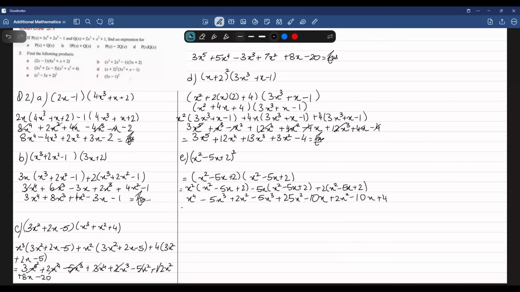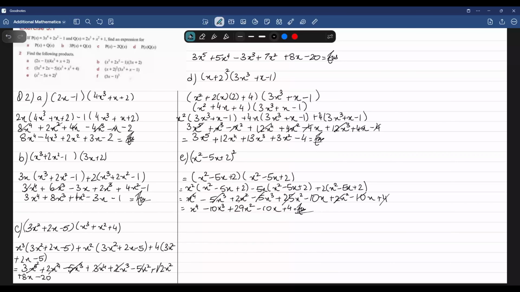Now simplifying this, we get x raised to power 4 minus 5x cubed minus 5x cubed gives us negative 10x cubed. We'll copy that down here. Negative 10x cubed plus 2x squared plus 25x squared would give us 27x squared. 27 plus 2 is 29x squared, and then minus 10x plus 4 is equal to your answer.